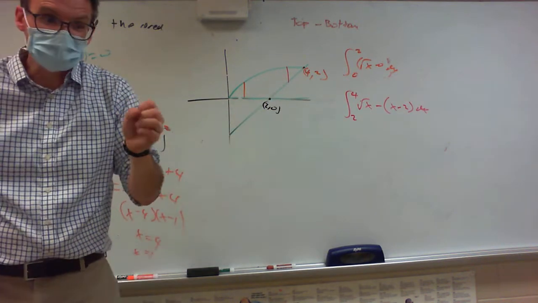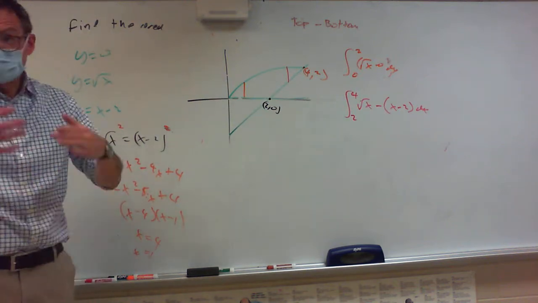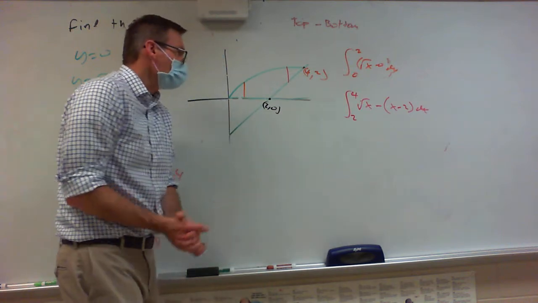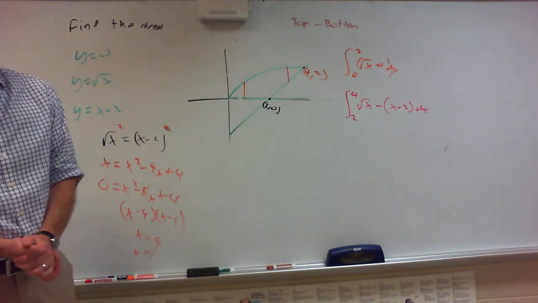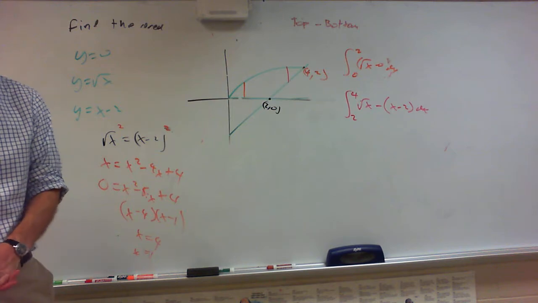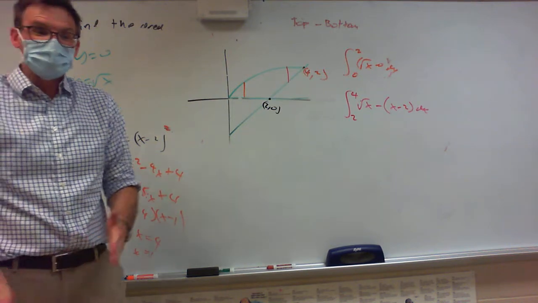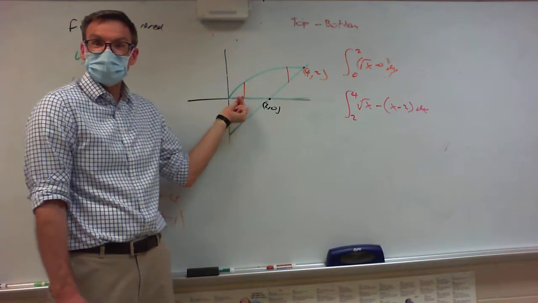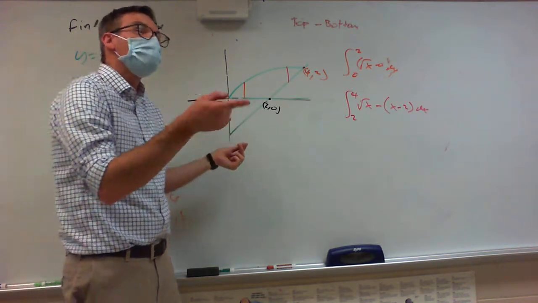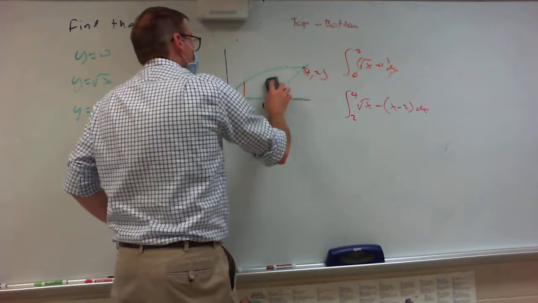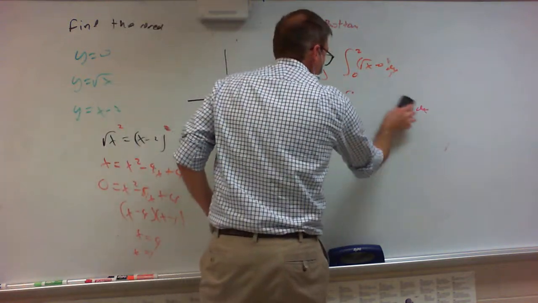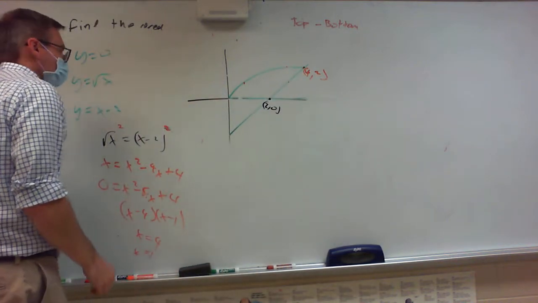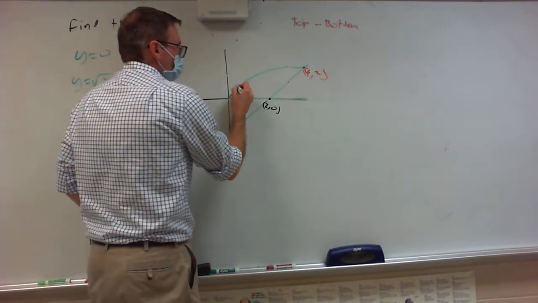Now, something very crucial that I'm going to be using for the rest of the week is, there's actually 2 types of rectangles you can use. You can use vertical rectangles, and vertical rectangles have a width of dx, or you can use horizontal rectangles.